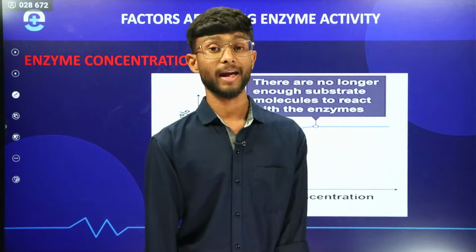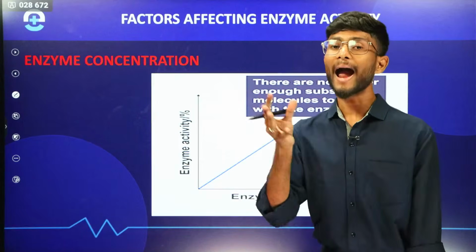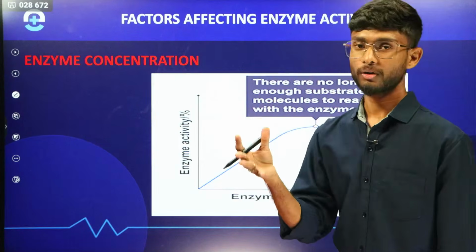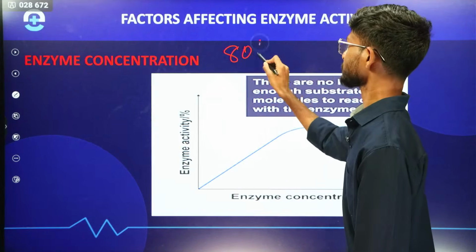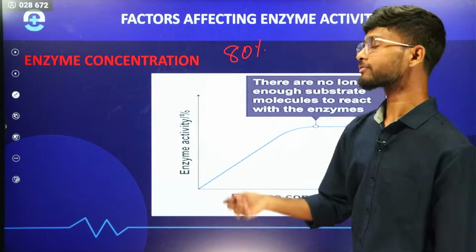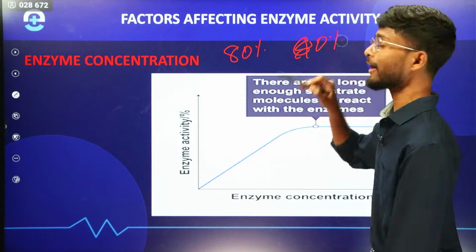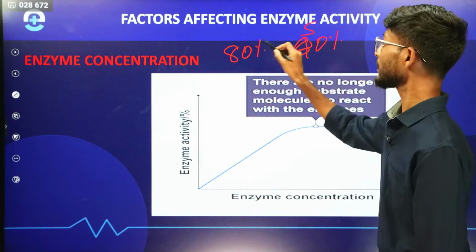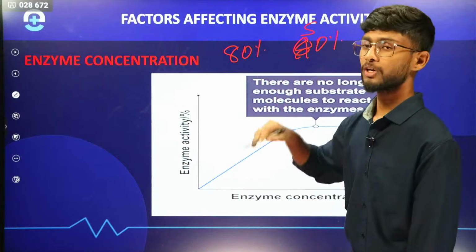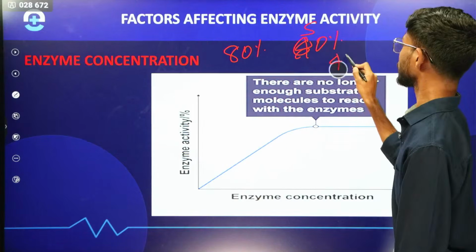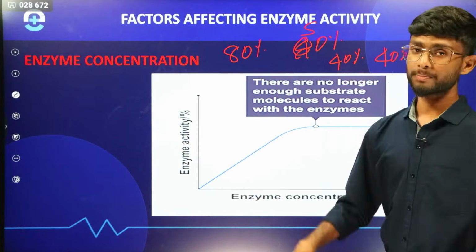What do you mean by enzyme concentration? When the enzyme is added to the reaction, for example, you have 80% enzyme and 60% or 40% substrate, or you have an equal 40% of enzyme and 40% of substrate.